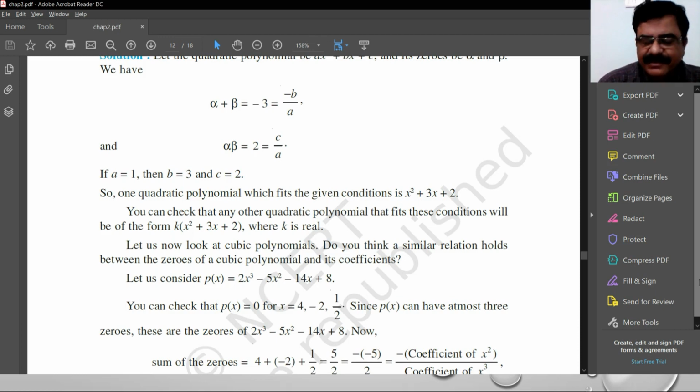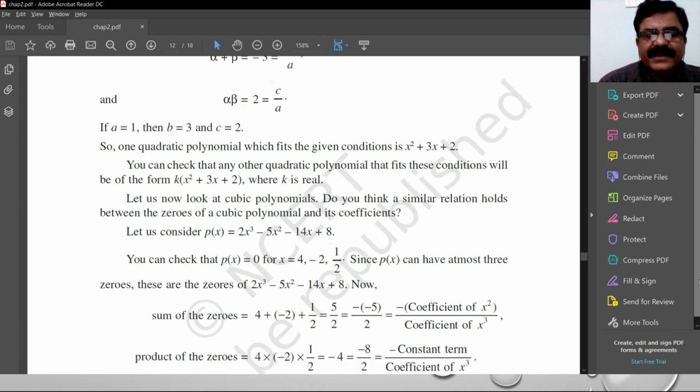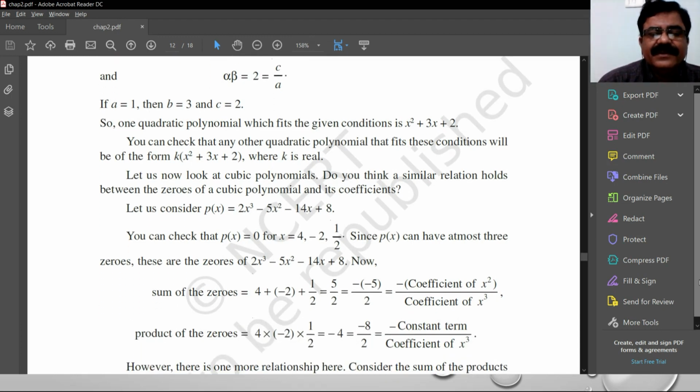Now the sum of zeros, 4 plus minus 2 plus 1 by 2, will be 5 by 2, and it can also be written as minus of minus 5 by 2, that is, minus coefficient of x square by coefficient of x cube. The product of zeros is 4 into minus 2 multiplied by 1 by 2, which is minus 4. It can be written as minus 8 by 2, that is, minus constant term divided by coefficient of x cube.